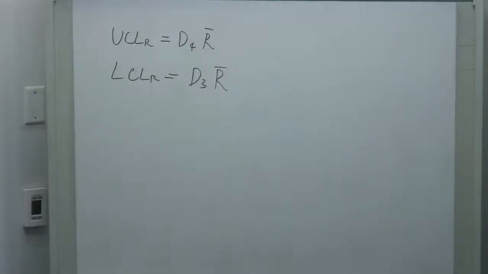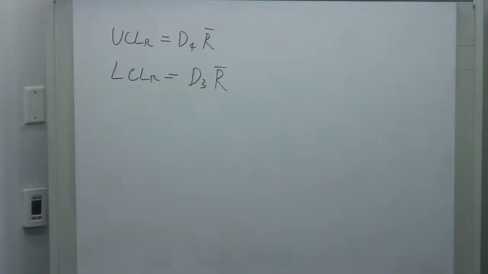I need a volunteer from the students who have a textbook now. What's the D4? 2.28, great. JJ, how do you get 2.28?